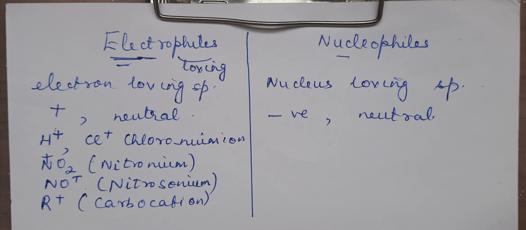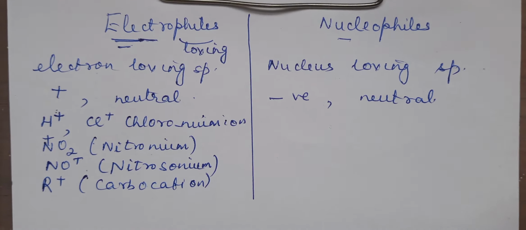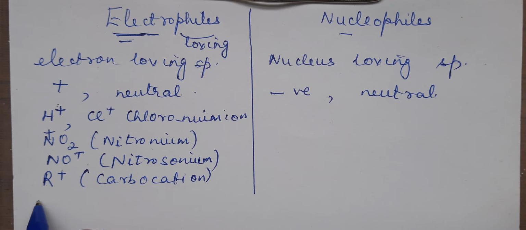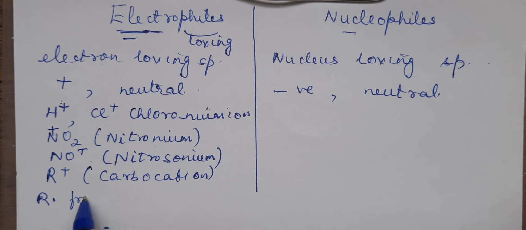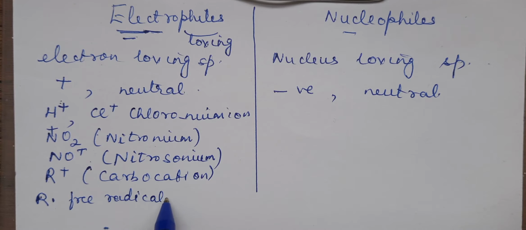Apart from this, there are certain neutral species which can be electrophiles. Some neutral species which can be electrophiles are, say, R dot. We will be talking about what this R dot is. It is a free radical. What is a free radical? We will be discussing it.